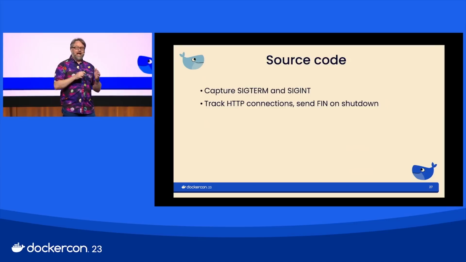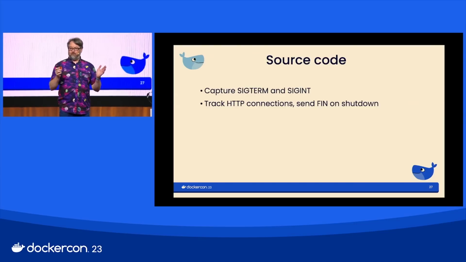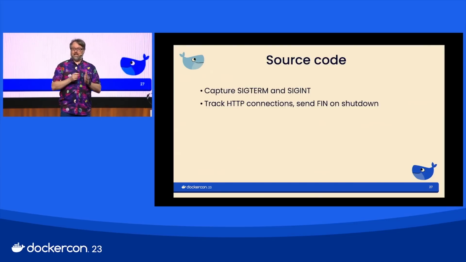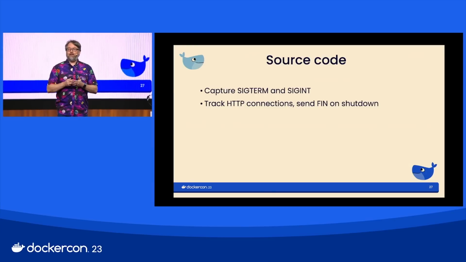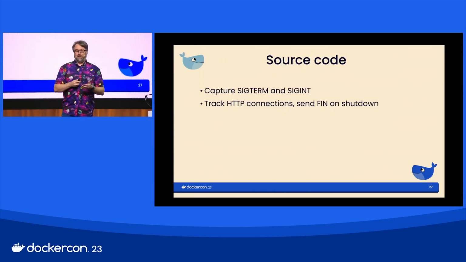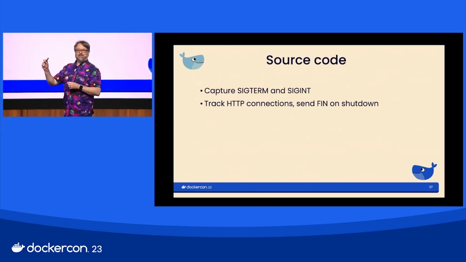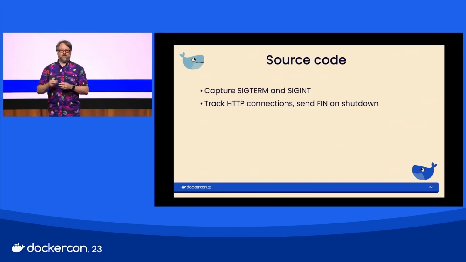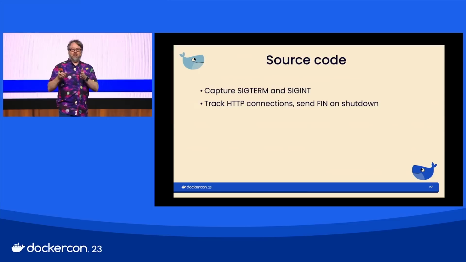I would ask you to track, if you're a website, if you're a web system, if you're looking for zero downtime deployments, you probably, at some layer of your system, are going to need to monitor HTTP connections, send FIN packets to the front end browser or whatever your client is, and have them automatically route to another healthy container because this container is shutting down.